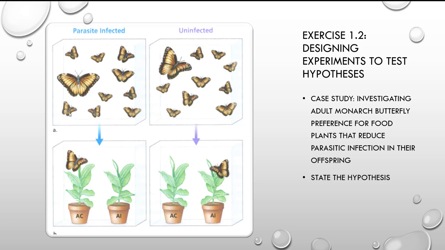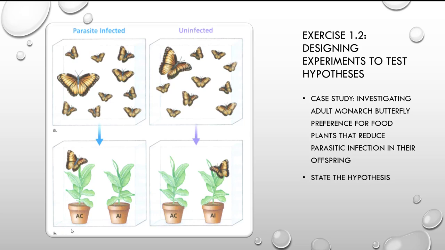We have parasite-infected and uninfected female butterflies mating in cages. Then the butterflies lay eggs in separate cages containing 2 milkweed plants with different levels of anti-parasite chemicals.